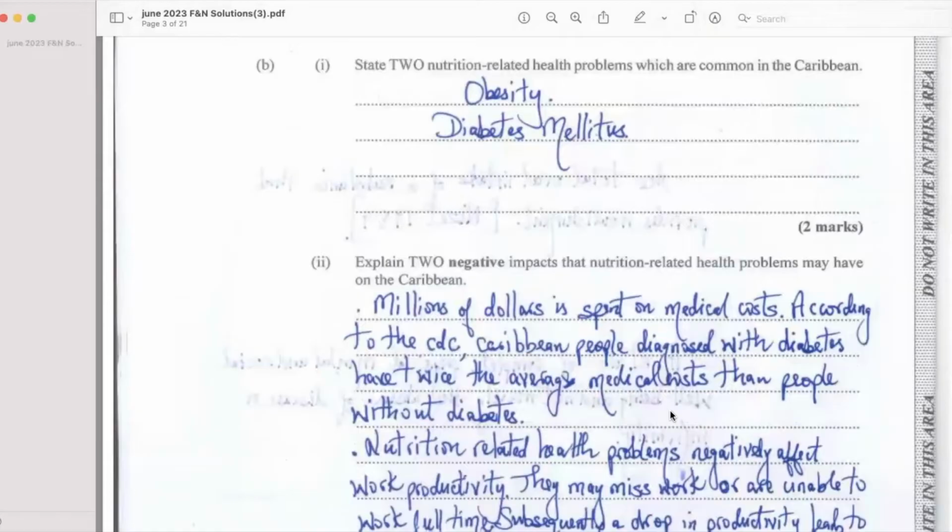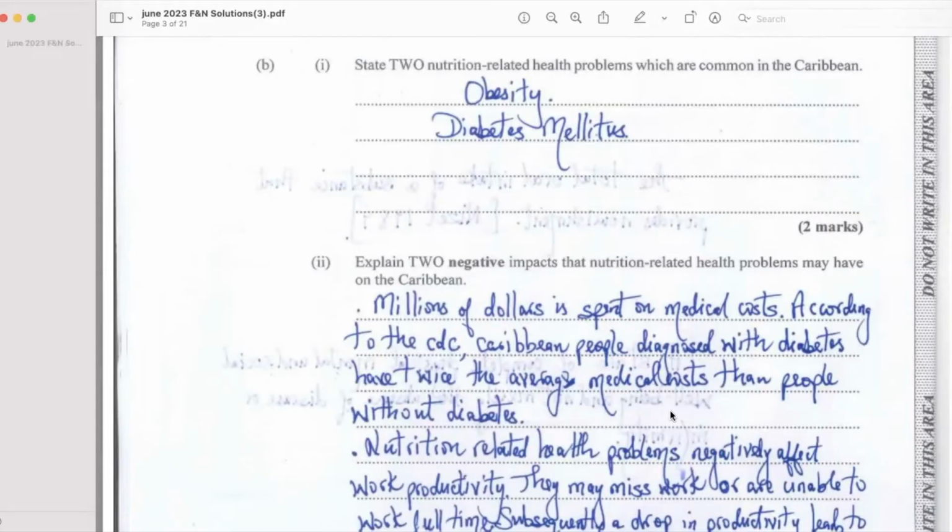Next, explain 2 negative impacts that nutritional health problems may have on the Caribbean. So we're talking about diabetes and hundreds of dollars spent in medical costs. According to the CDA, Caribbean people diagnosed with diabetes have twice the average medical costs of other people without diabetes.